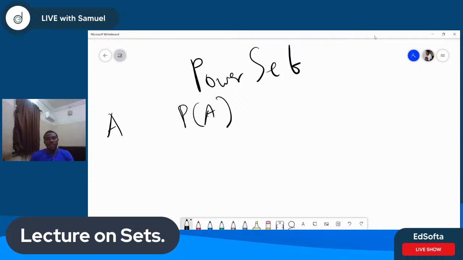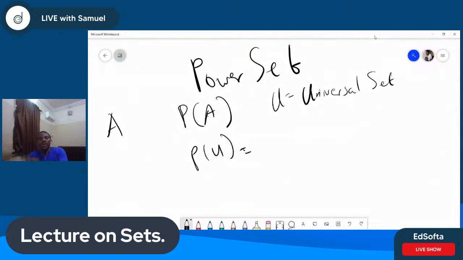It is more or less like the universal set. Now you have a universal set U. The power set of this universal set is the set of all possible subsets inside the universal set. Let's say the discussion was about a basic 9 class.